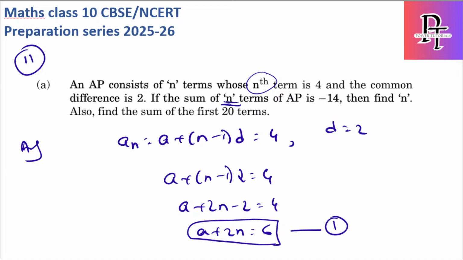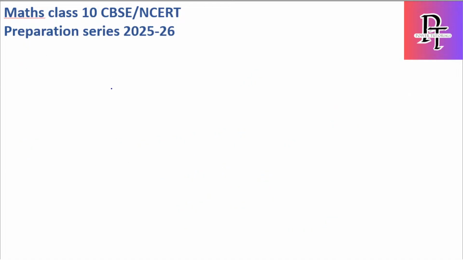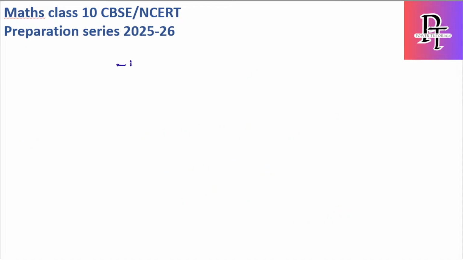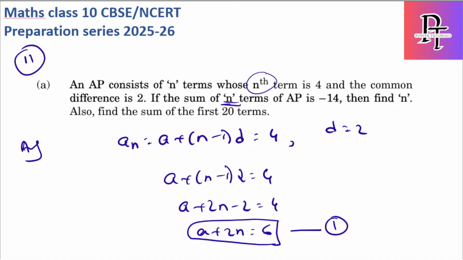Now let's go to the second relation, where we have the sum of n terms, n by 2. Sum of n terms is minus 14. So minus 14 is equal to n by 2 into a plus l. L value they have provided directly, which is the nth term value. How much? The nth term is 4.